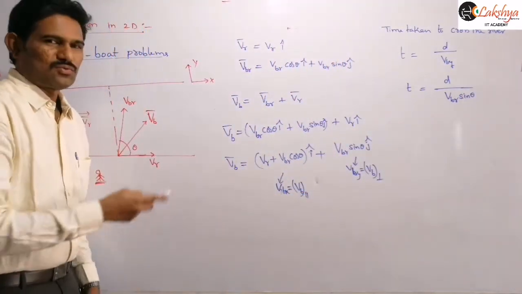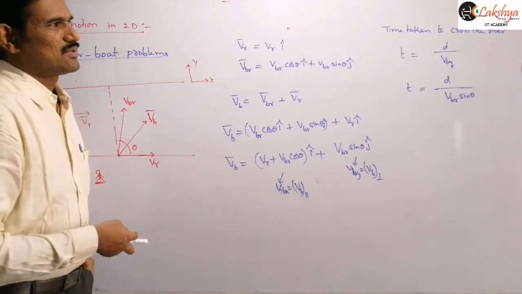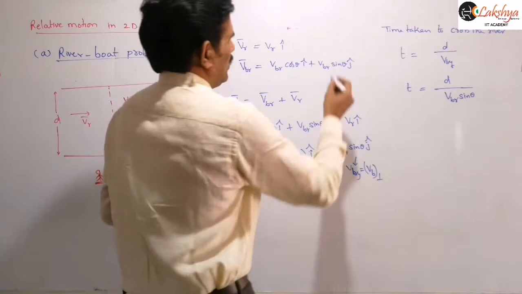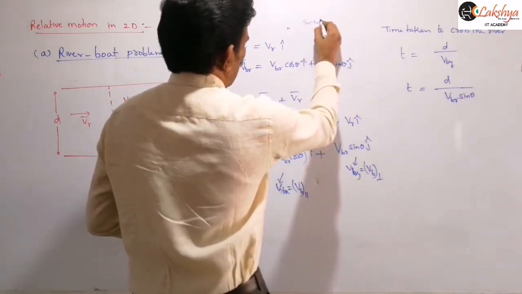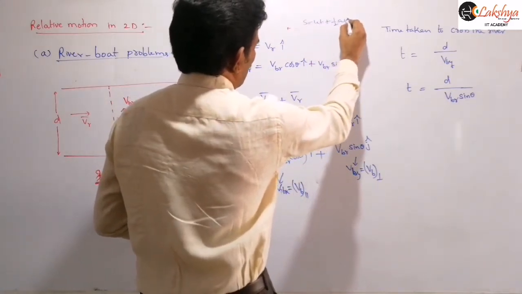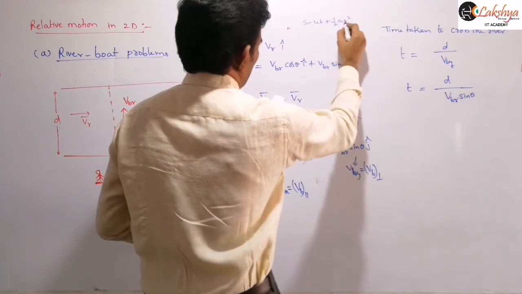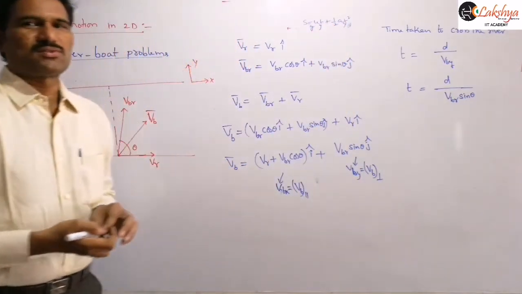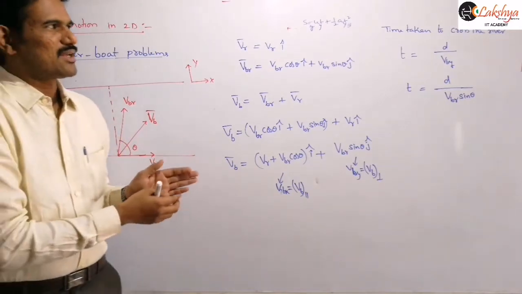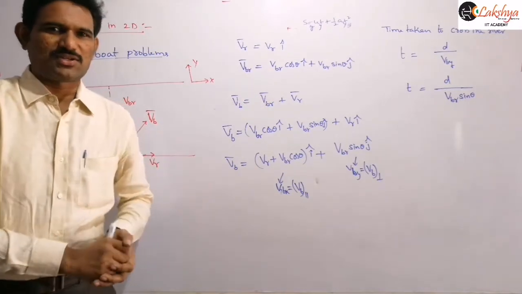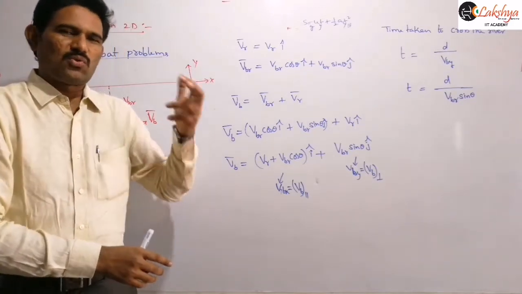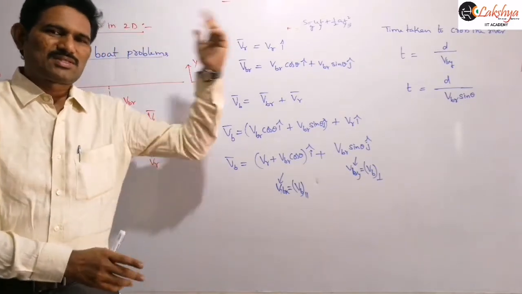Did you understand why we are writing t = d by v? Actually we need to write s = ut + ½at² along the y axis. In these riverboat problems, in the general case, we are considering that there is no acceleration. There may be problems involving acceleration, and we will discuss them later.